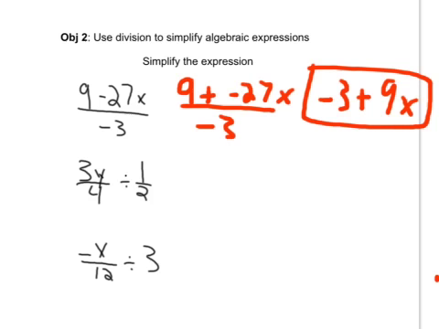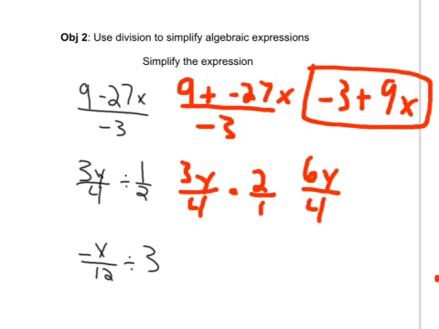Now, next examples, we're going to have some more flippin' fun. So, in this first one, the first term, 3y over 4, stays the same because it's already a fraction. Change it to multiply. We multiply by the reciprocal, which is 2 over 1. Now, 3y times 2 is 6y on top, over 4 times 1 is 4.